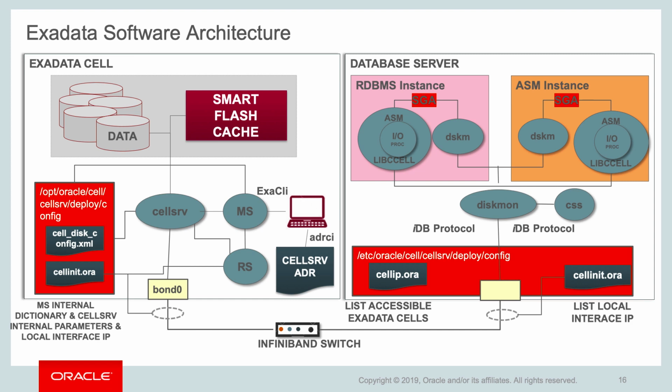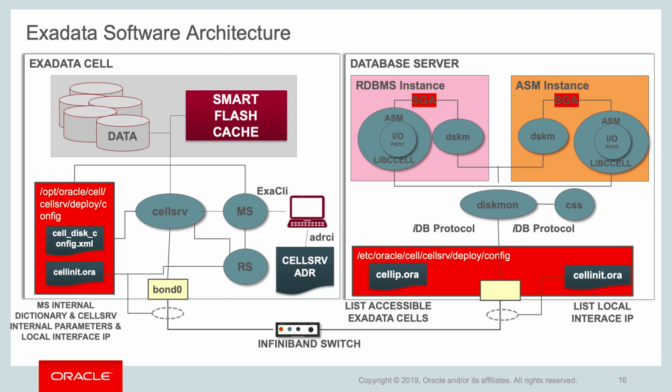Now we'll try to understand the function of diskmon. It is a critical component of the Exadata I/O fencing mechanism. There is a master diskmon. The process name is diskmon, which starts with CSS and communicates with CellSRV. There are slave diskmons known as DSKM, which is part of every instance and communicates with the master diskmon.